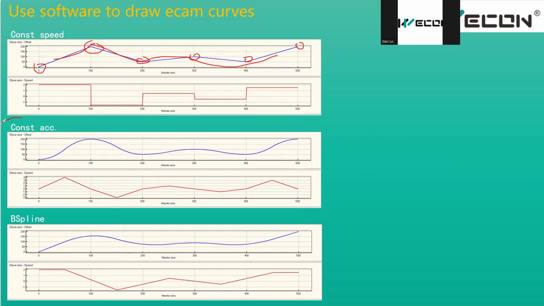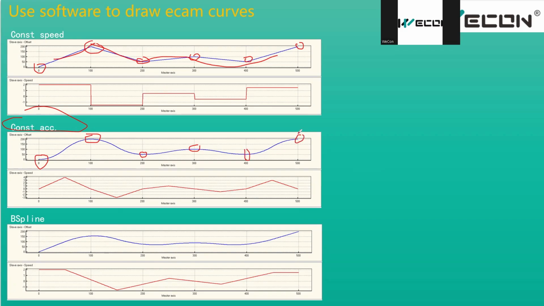And this is constant acceleration. We can see here we also have point 1, point 2, point 3, 4, 5, and 6.